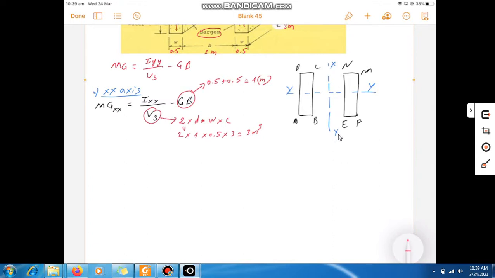However, as you see, the x axis goes through the centroid C here. Okay, but in this case if we use A, B, C, D, and E, F, M, N, it will not go through the centroid.